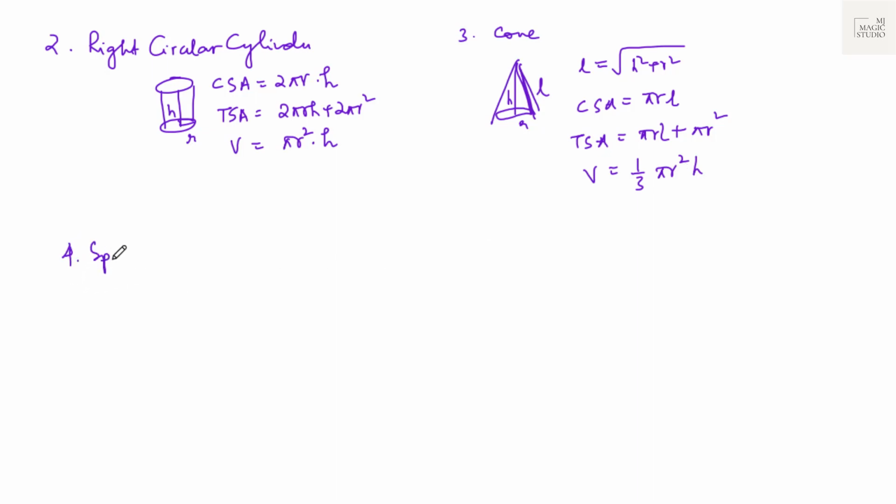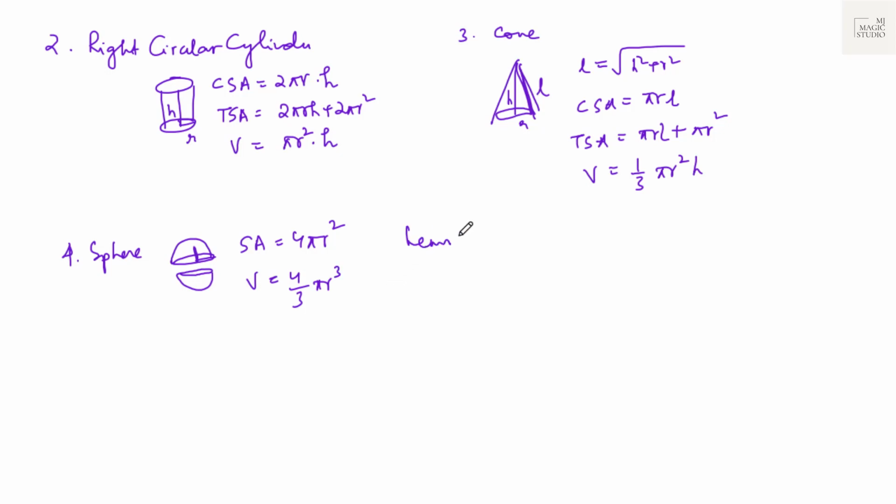Next one, we can have a sphere, like a football or a bowl. Radius is r. Then surface area is 4 pi r square, and volume of sphere is given by 4/3 pi r cube.